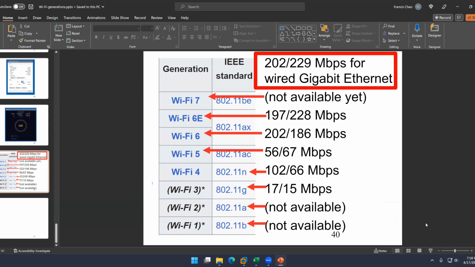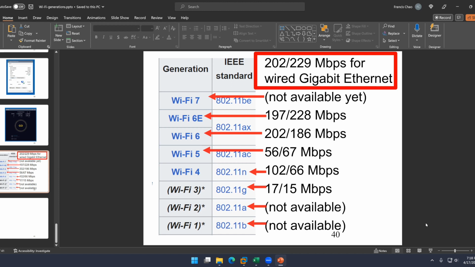Okay. I'm running right now at my house Wi-Fi 7. And no, that's next year I'll be. I'm running Wi-Fi 6E at my house. 6E, that's part of the 802.11ax standard.